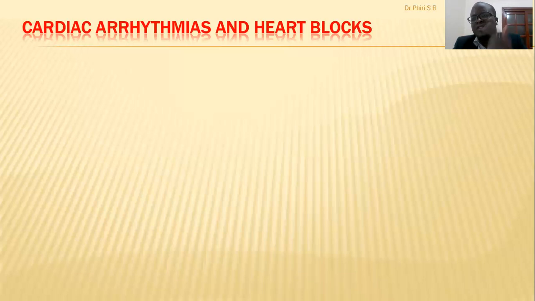Then if the heart rate is reducing from 20 to about 39, you're going to have moderate bradycardia. If you have a heart rate between 0 and 19, then you're going to have severe bradycardia.